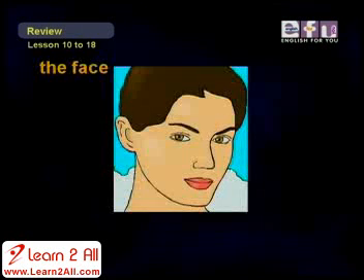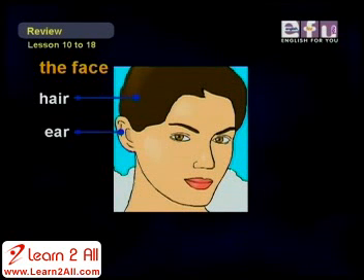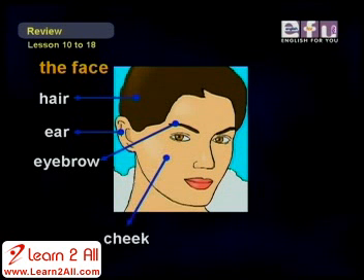Here's the face again, hair, the ear, eyebrow, cheek, chin. Okay, so there's the face. And nose. We can't forget the nose.